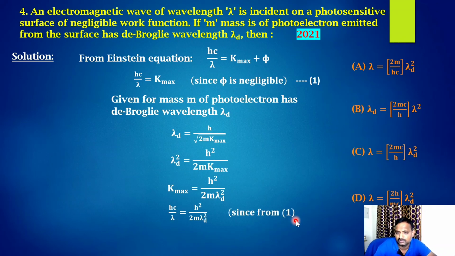From the above step we got the wavelength of the electromagnetic wave is equal to (2mc by h) into lambda d square. So we got the answer from the given options. Option C is the answer, my dear.